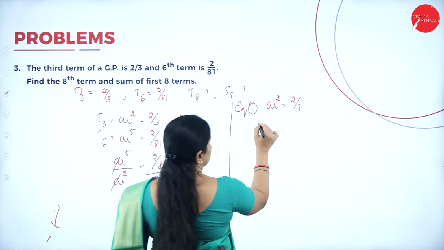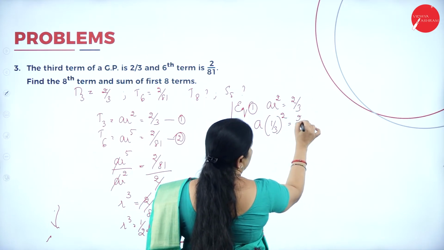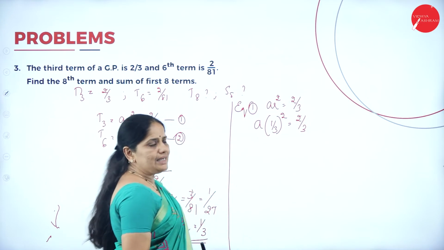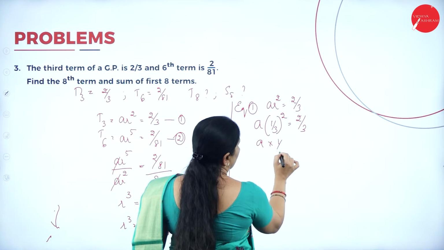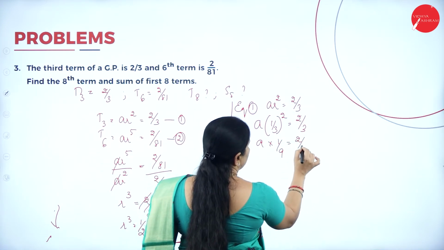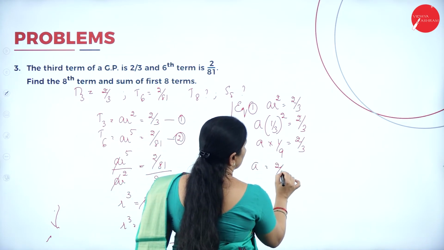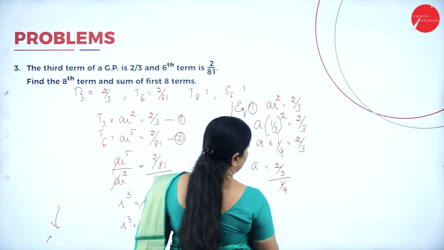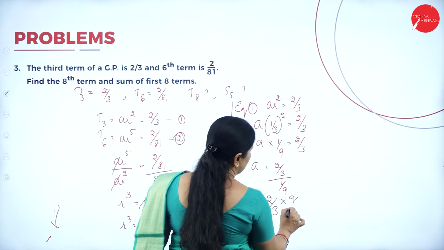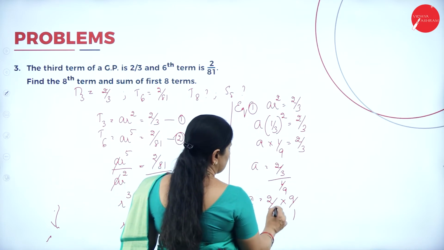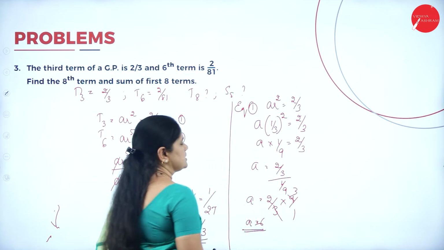R is 1 by 3. I don't know A. So A into 1 by 3 the whole square equals 2 by 3, or A into 1 by 9 equals 2 by 3, or A equals 2 by 3 divided by 1 by 9. So A equals 2 by 3 into 9 by 1. So A equals 6 is the answer.